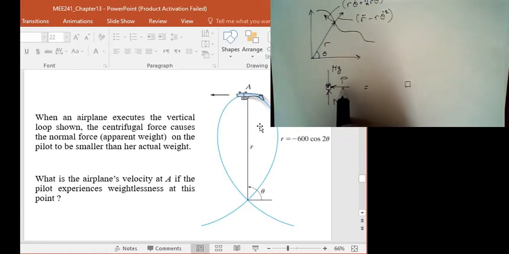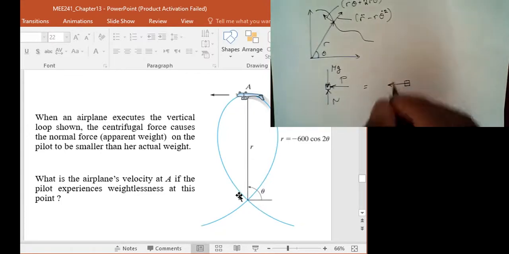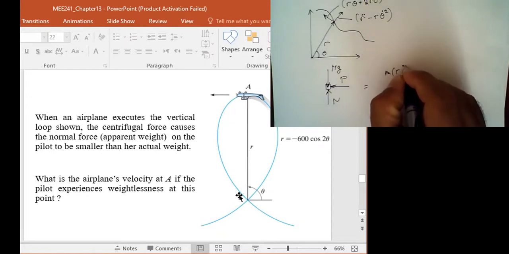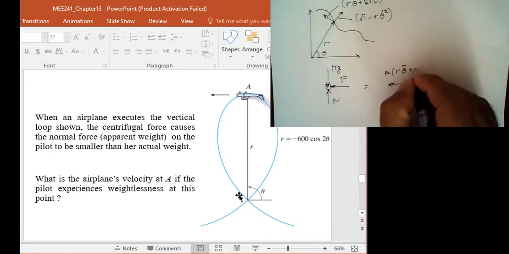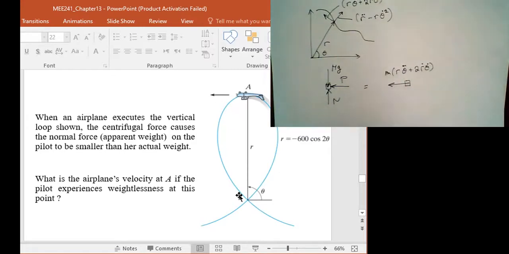Okay, so we have two unknowns, N and P. On this side, what are we going to put? We're going to put our accelerations. In the direction of theta, I'm going to have my transverse acceleration, which is equal to m multiplied by r theta double dot plus this Coriolis component, which we all know is 2 r prime theta prime.